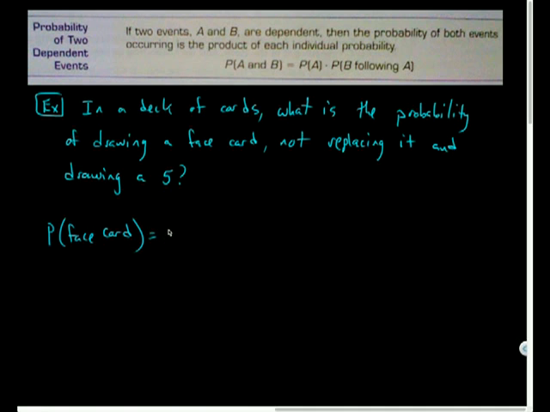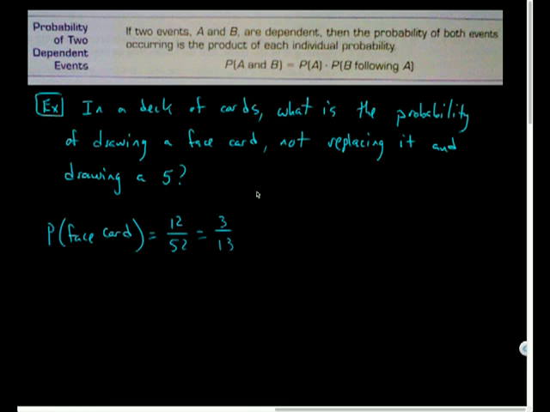There are 3 face cards per suit, 4 suits, so that's a total of 12 face cards in the deck, right? So 12 out of 52 are face cards. Let's reduce this. I think 4 goes into both of those.